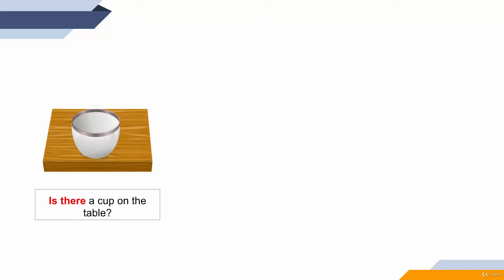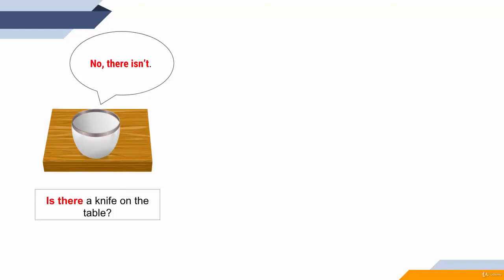Good. After that, how can we make the sentences questions? Is there a cup on the table? And the answer, yes, there is. Or no, there isn't. So, is there a cup on the table? Yes, there is. Is there a knife on the table? No, there isn't. The rule, there is positive.